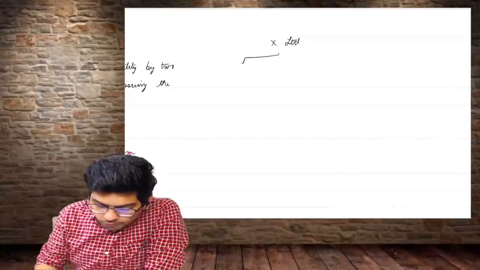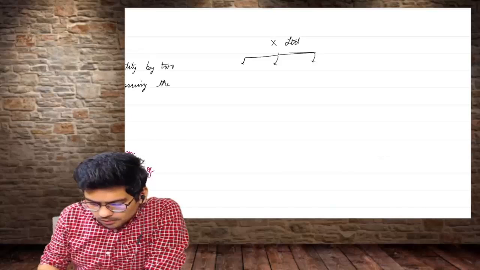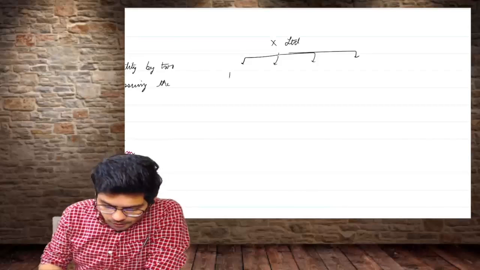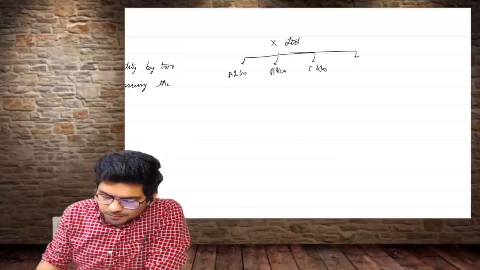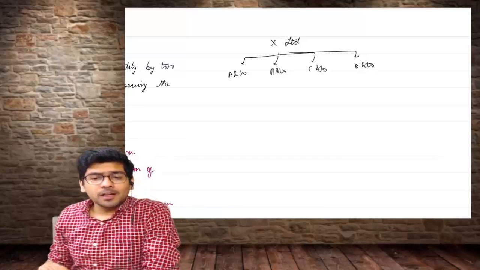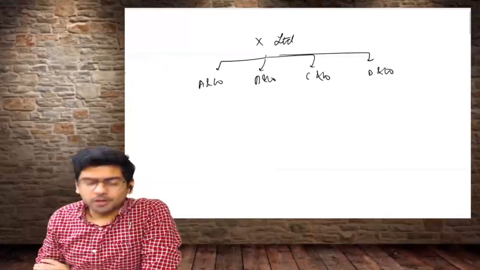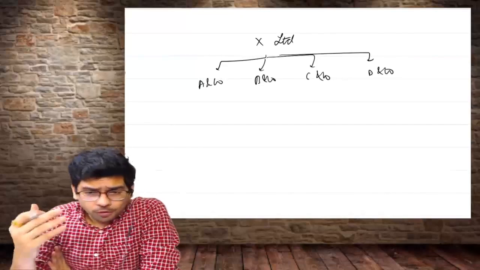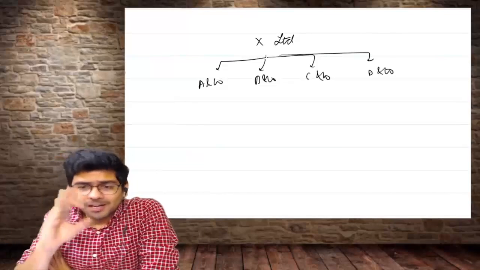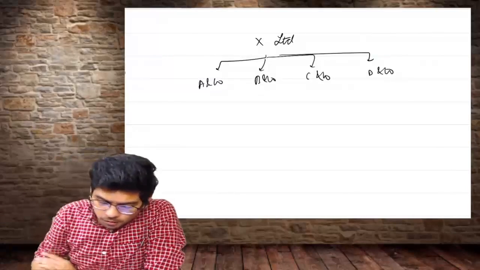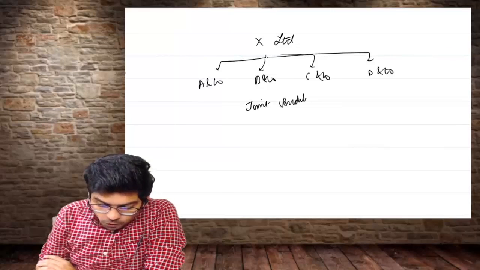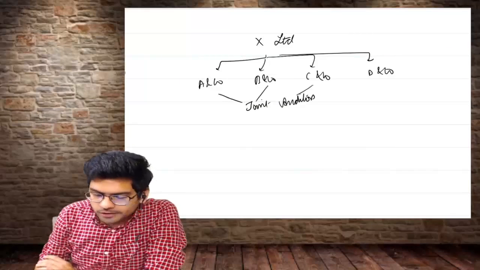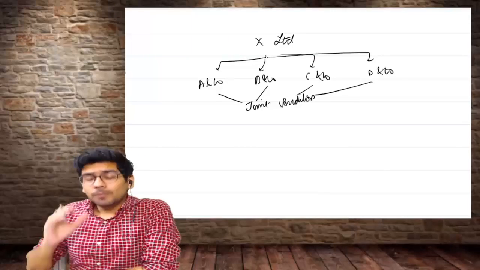So they appoint 4 auditors: A and company, B and company, C and company, and D and company. When these 4 auditors work, they give one audit report for the entire financial year. So they will be called joint auditors. This is a case of joint audit, and each of these auditors will be known as joint auditors. Please be very careful.